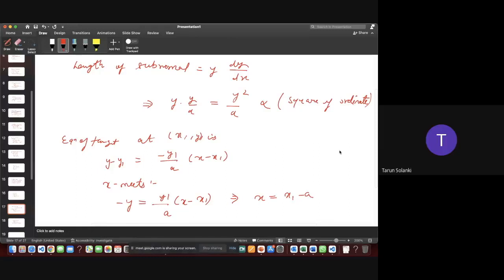So we have written it as y square by a, which is proportional to the square of the ordinate. Correct? And similarly, for the equation of tangent at x1 y1 is y minus y1 is equals to minus y1 by a of x minus x1. So x means minus y is equals to y1 by a times x minus x1. So simplifying, x is equals to x1 minus a.